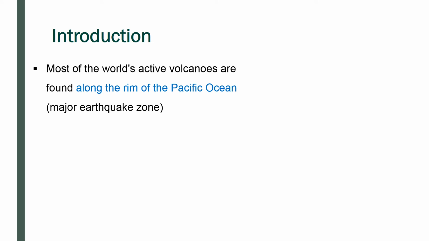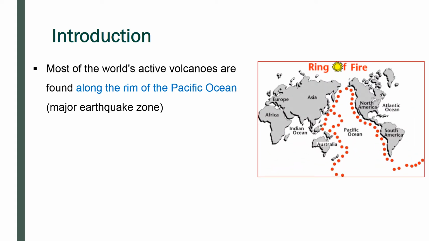Most of the world's active volcanoes, active ones now, are found along the rim of the Pacific Ocean. And this area we call the major earthquake zones, and also we call it the rim of fire or ring of fire.